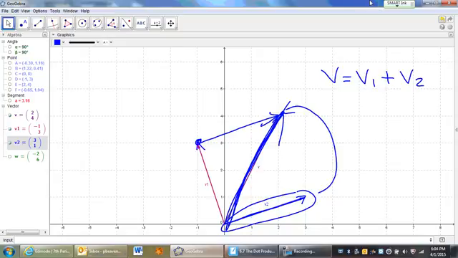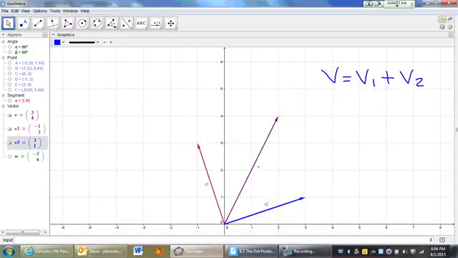But I don't want to confuse you with that, so let's just delete all that. Anyways, this proves that if you add vector V sub 2 plus V sub 1, you get vector V, which is what I'm saying here.